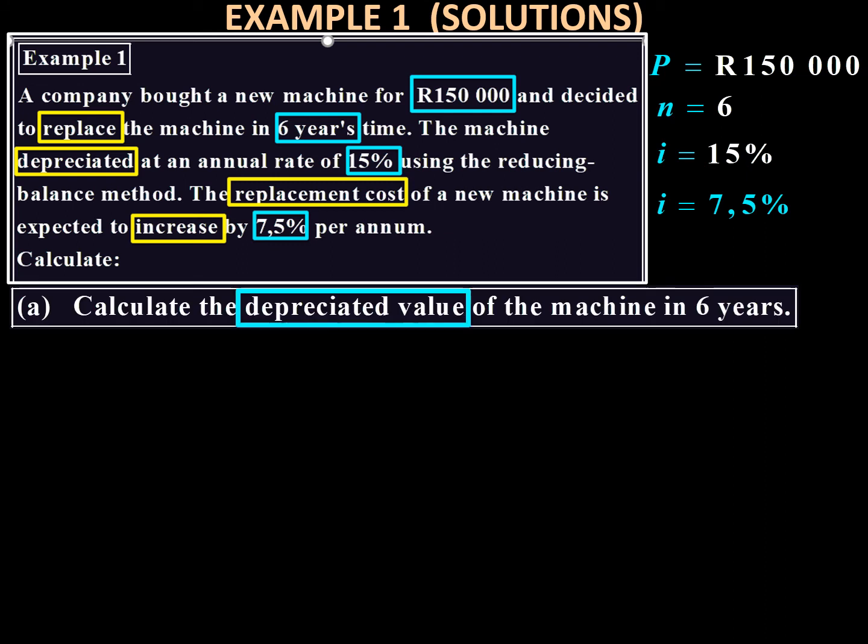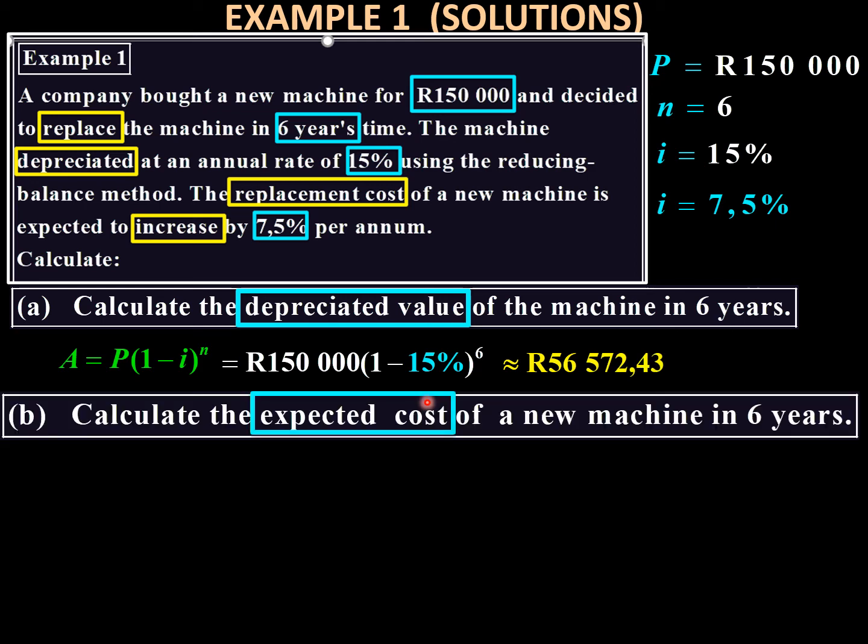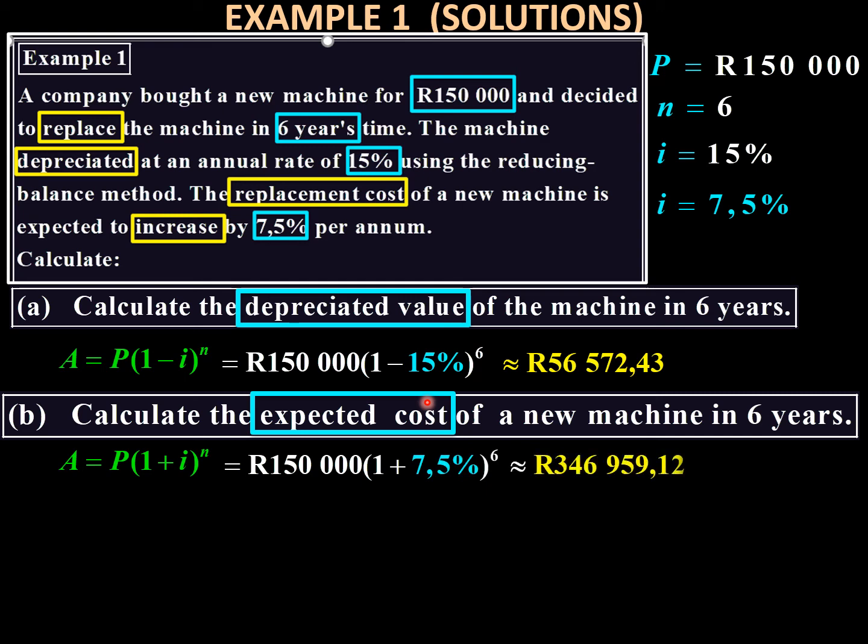For the depreciated value, I use my reducing balance formula. Substitute the 150,000 and be careful to put the correct percentage in there. In this case, it's 15% to the power 6, and we get 56,572 Rand and 43 cents. Then we want to work out the expected cost. That's the growth, and there we use the compound increase formula. So it's 150,000, and here be careful that you use the correct percentage for this one, and there it is: 346,959 Rand and 12 cents.